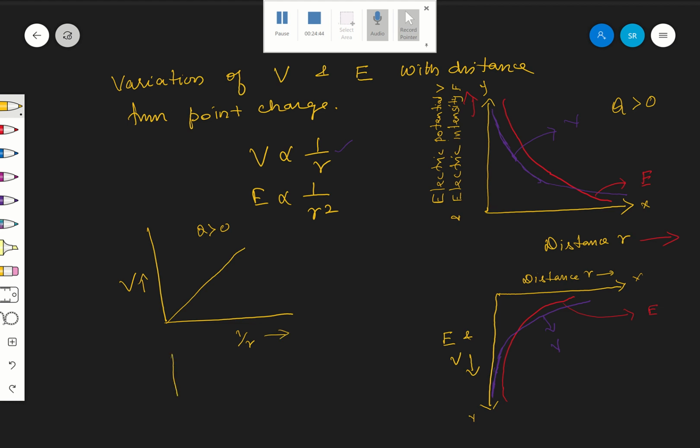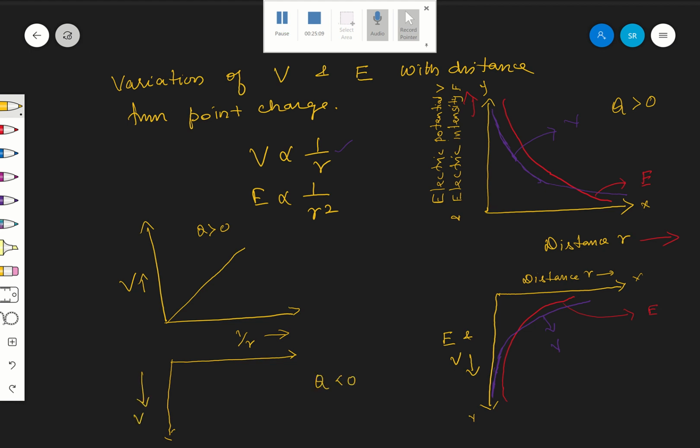And if I want to plot the variation of V with respect to 1 by R, but V is negative, Q is less than 0, that is negative.